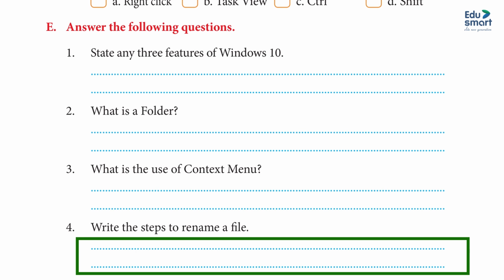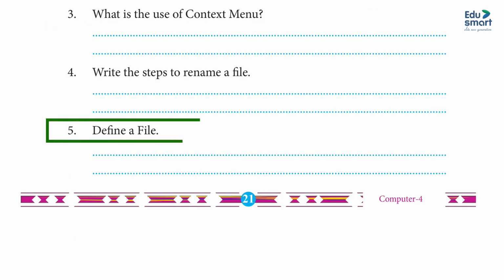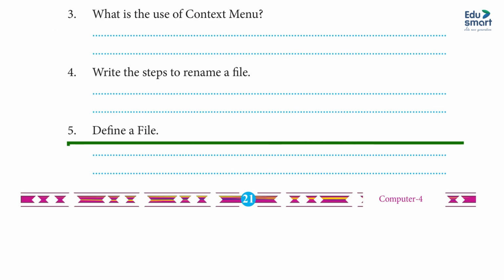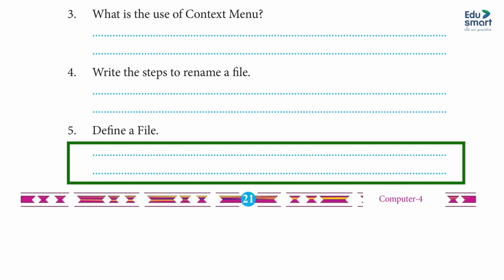Right-click on the folder or file that you want to rename. 2. Click on the rename option from the context menu. 3. Type the new name for the folder or file. 4. Press enter. 5. Define a file. Answer: A file is a collection of data or information.